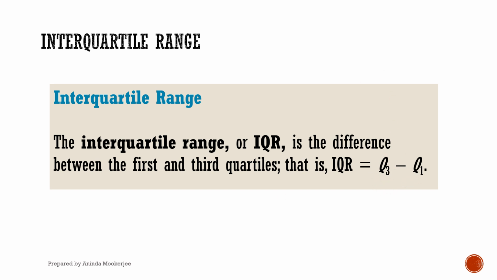So if we have our quartiles here as Q1, Q2, and Q3, what the IQR gives us is the distance between the quartile 3 and the quartile 1 value. All right, so that represents our IQR, interquartile range.